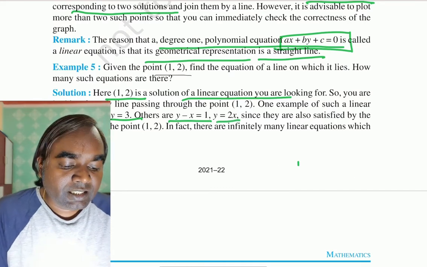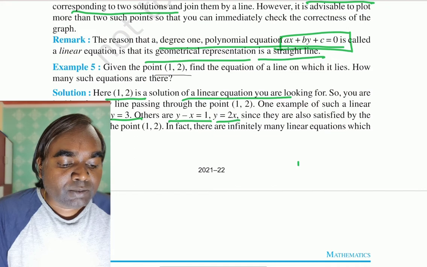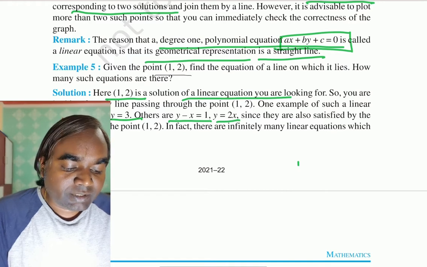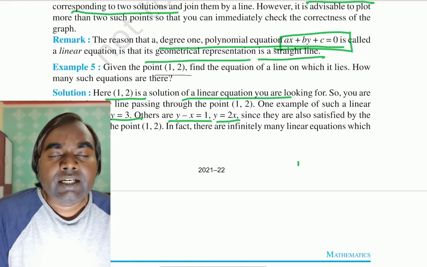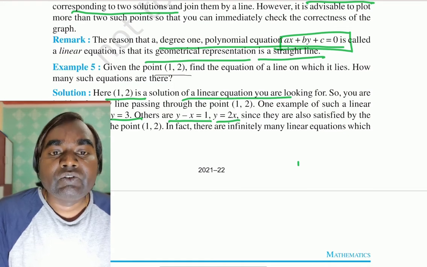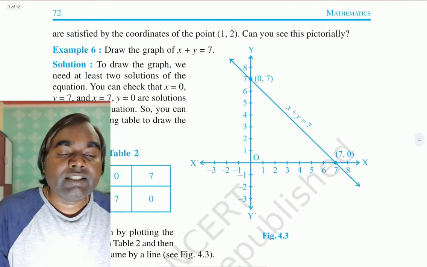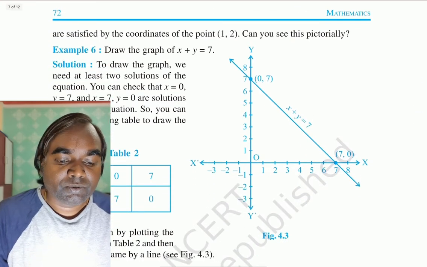All these three linear equations are satisfied by the coordinates of the point 1 comma 2, so the point lies on these lines. In fact, there are infinitely many linear equations which are satisfied by the coordinates of the point 1 comma 2.